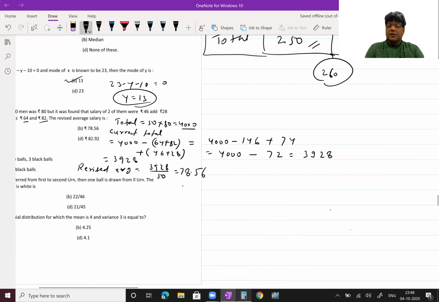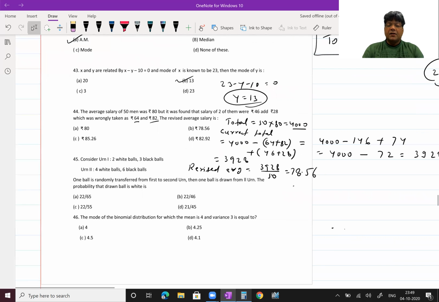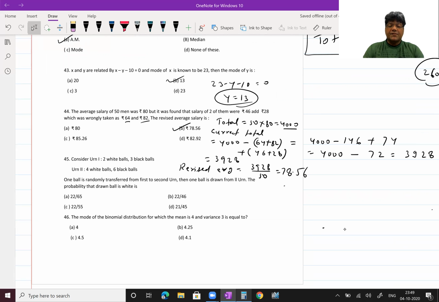We'll check once more. 3928 divided by 50 is equal to 78.56. Okay. Option B is the answer.